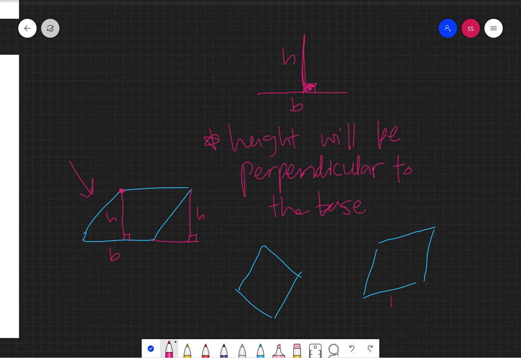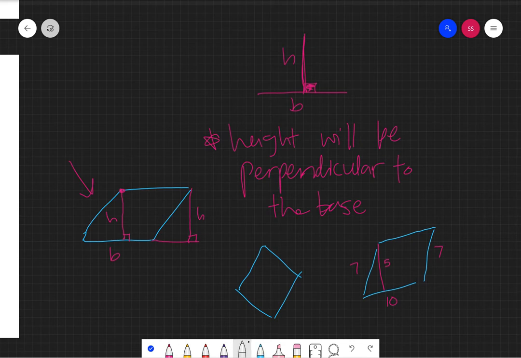So they may say like 10, they may draw a line and say 5. They'll give you this height over here, maybe this length over here, right? So they might give you numbers without saying, hey, this is the base, this is the height. So we would need to know how to find which is which.